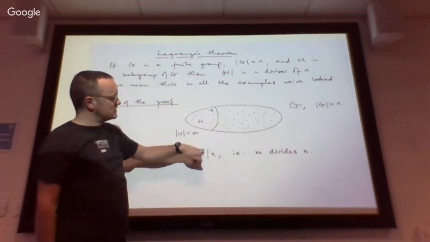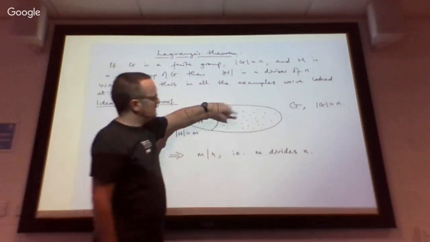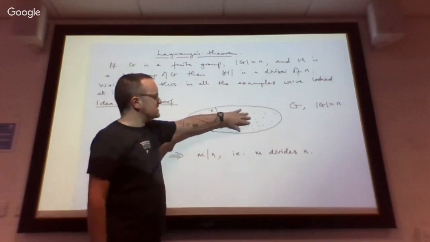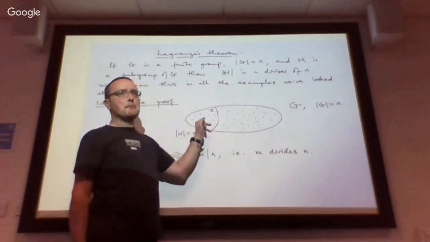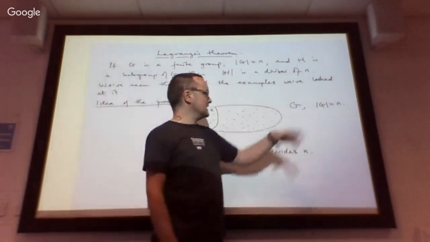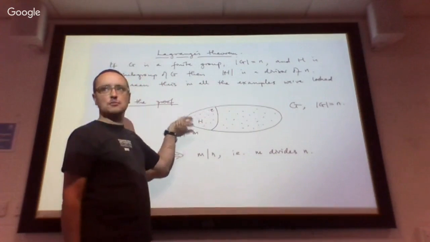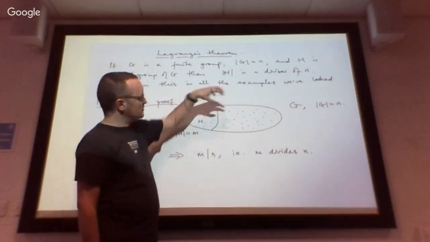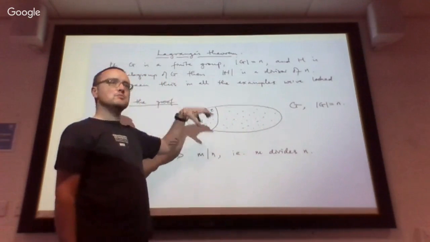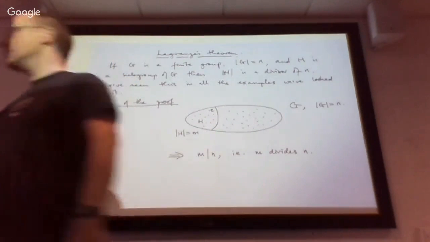If m is going to divide n, that means the number of the rest of the elements must also be divisible by m. Because if m divides n, it means n, the number of elements in total, is some multiple of the number of elements in here. So it must be possible to group all the remaining elements together into groups of equal size, equal to the number of elements that we have here.